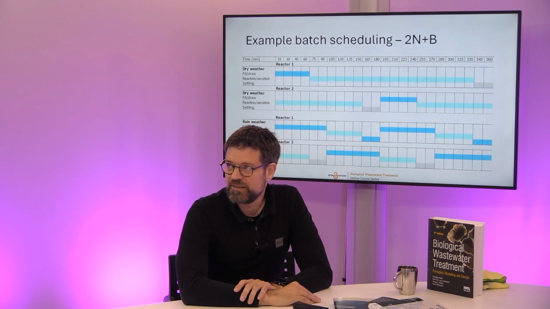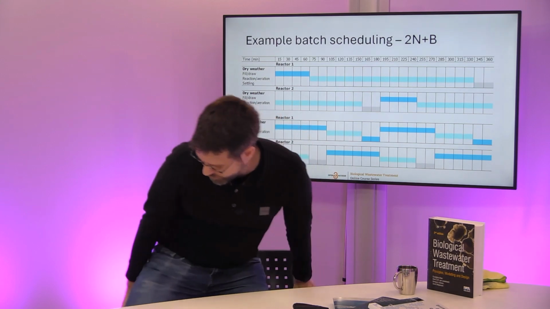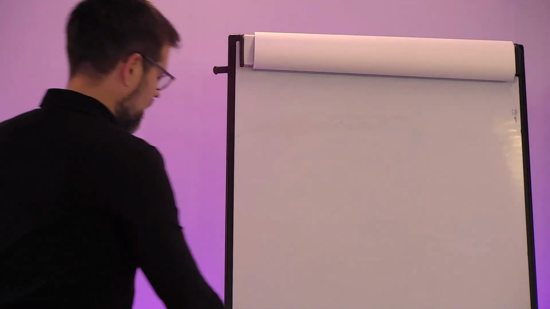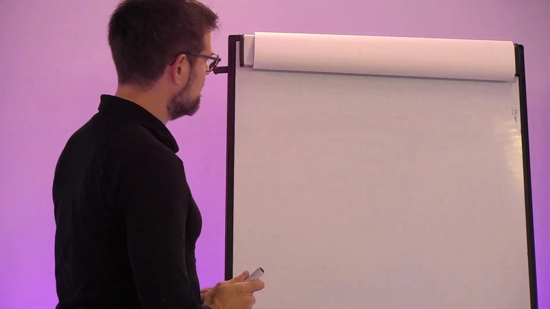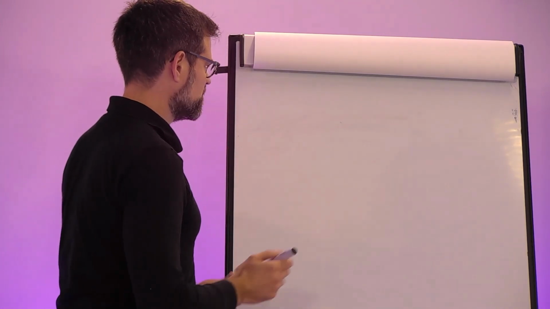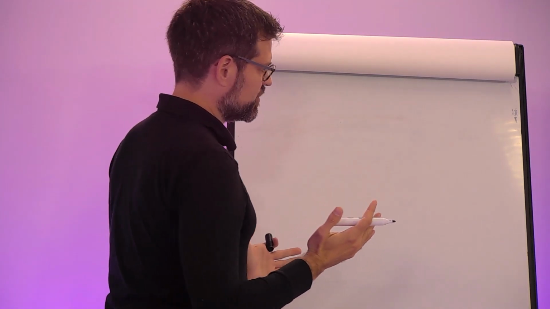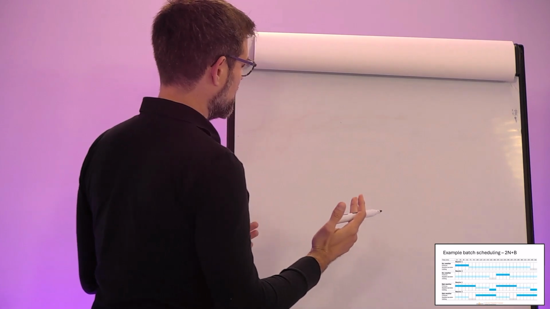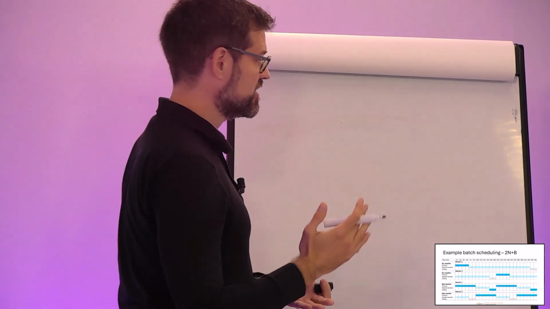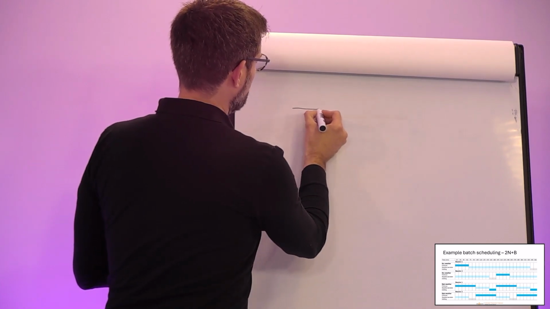Then you have to think about scheduling, and maybe I can draw that a little bit. So, in a relatively general setup, you could do, for example, 4 batches per day. So you have a cycle, feeding, reaction, settling of 6 hours, and in that 6 hours you need to do everything.